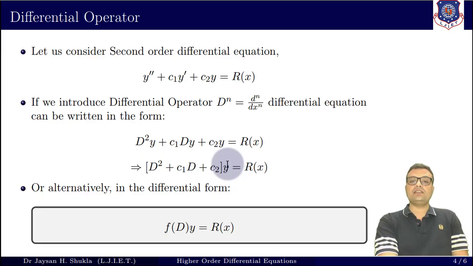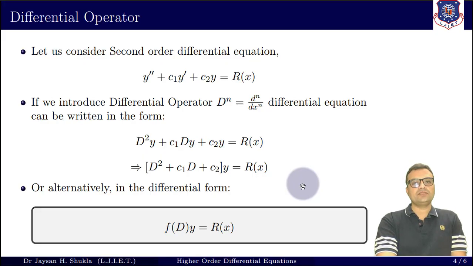So what it gives you at last is the differential form f(D) y equals R(x). This f(D) is a combination of capital D and some constants, multiplied by y and equal to R(x). This will be the first step in any solution technique of higher order differential equations.